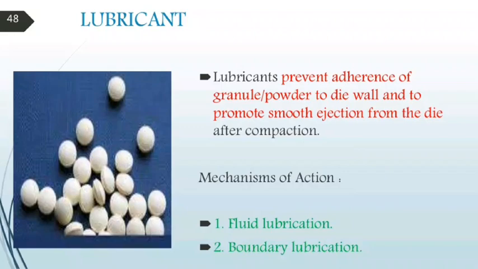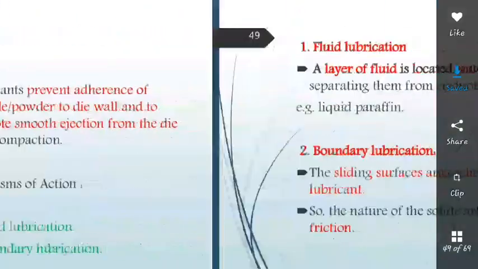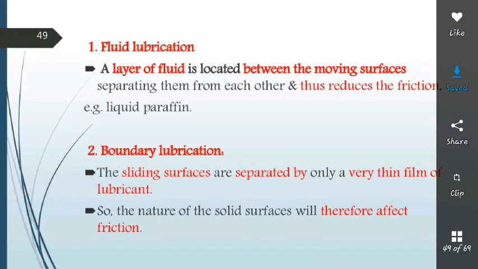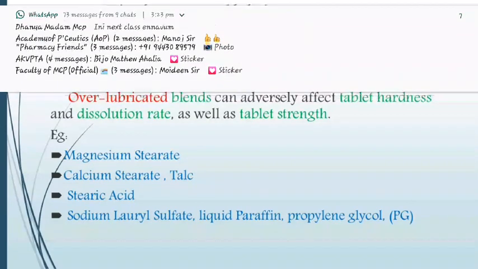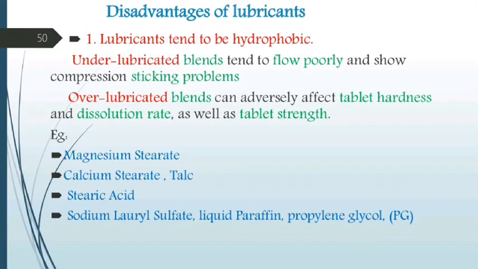They can be either fluid lubricants or boundary lubricants. Fluid lubricants mainly include oily substances like liquid paraffin. Boundary lubricants include stearates, magnesium and calcium stearate, talc, stearic acid, etc. Then you have various types like SLS, liquid paraffin, PEG, and propylene glycol.